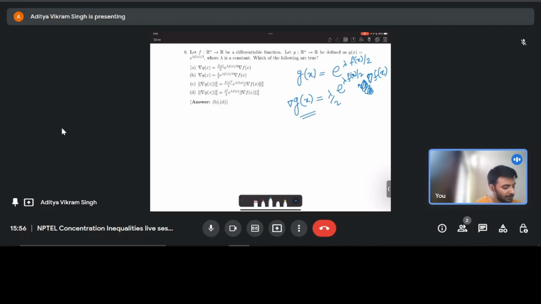For the second option, if you want to compute the second norm of this, we get lambda square by 4 times e power lambda f(x) by 2, the whole square, times the squared norm of the gradient of f(x). Because of that, this 2 will go away.